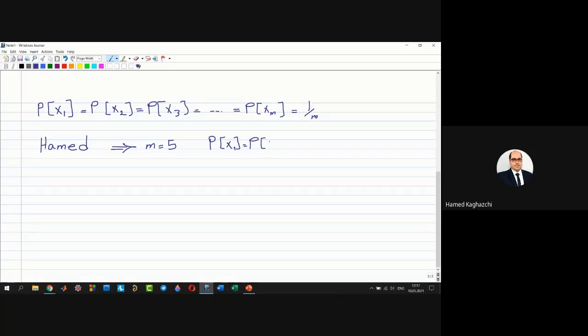P(x1), P(x2), up to P(x5), because all of the occurrences are equal, it means that the probability of all symbols is 1 divided by 5.